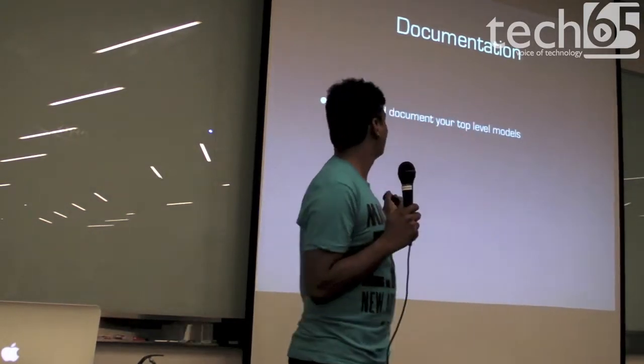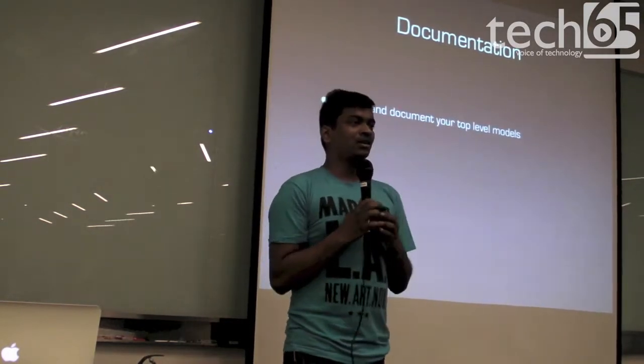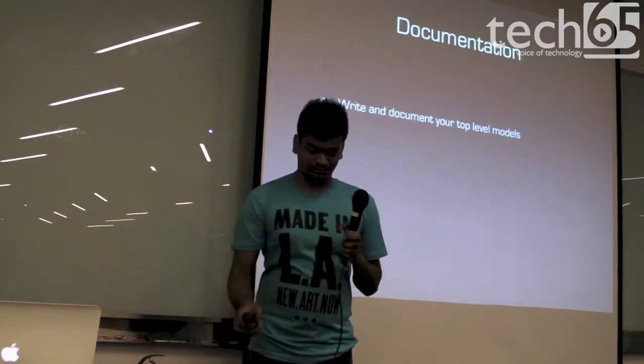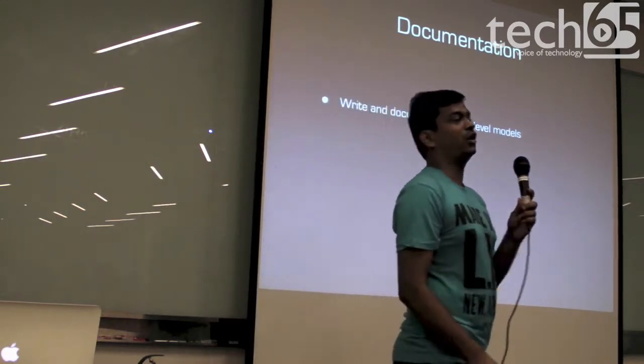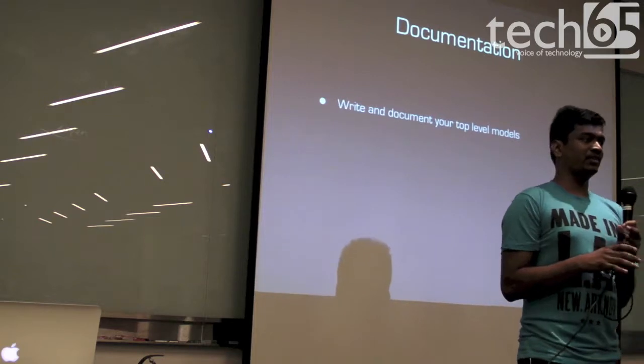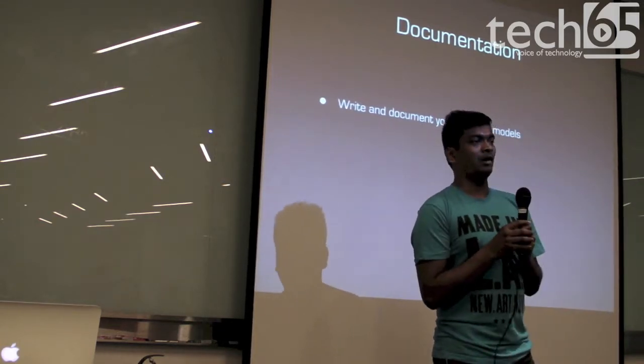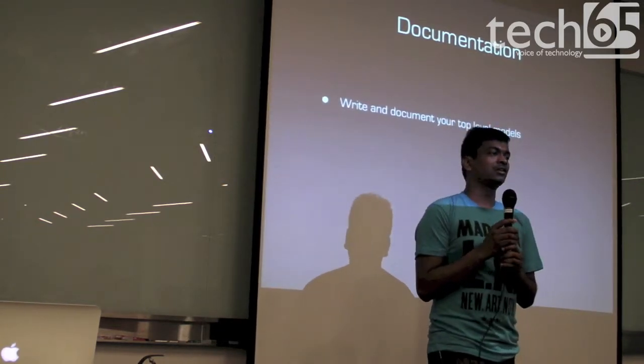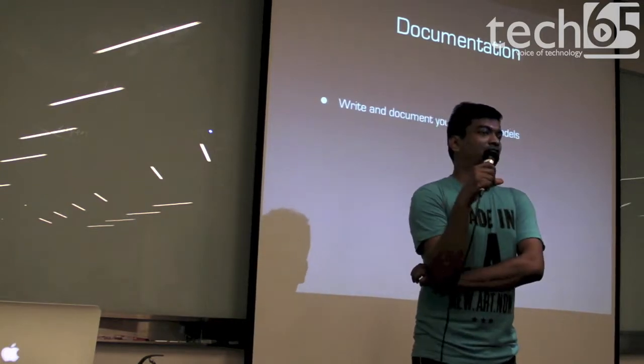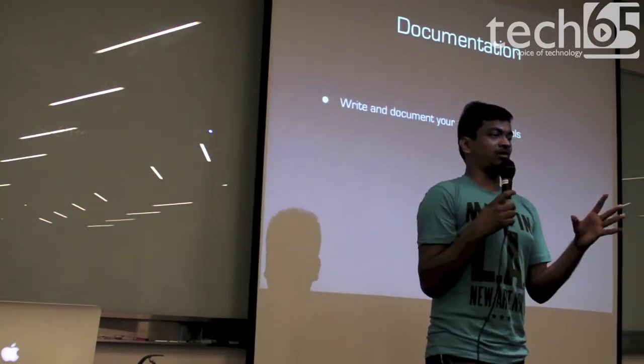That completes the first part. We'll talk about documentation. The first thing when you are asked to document an API is to identify your top level models. Don't document URLs, parameters and responses.